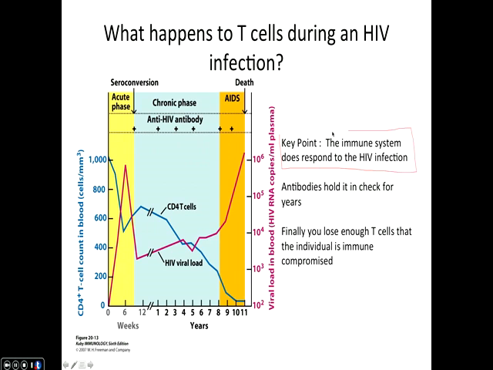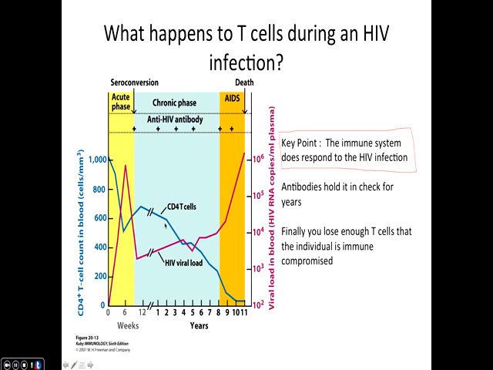But what's been figured out since is that the key point here is that infected CD4 cells are attacked. But what happens is they're just continually decreasing and decreasing, and it can take a number of years before the HIV essentially wins the war, meaning the viral load will be stable for a long period of time.